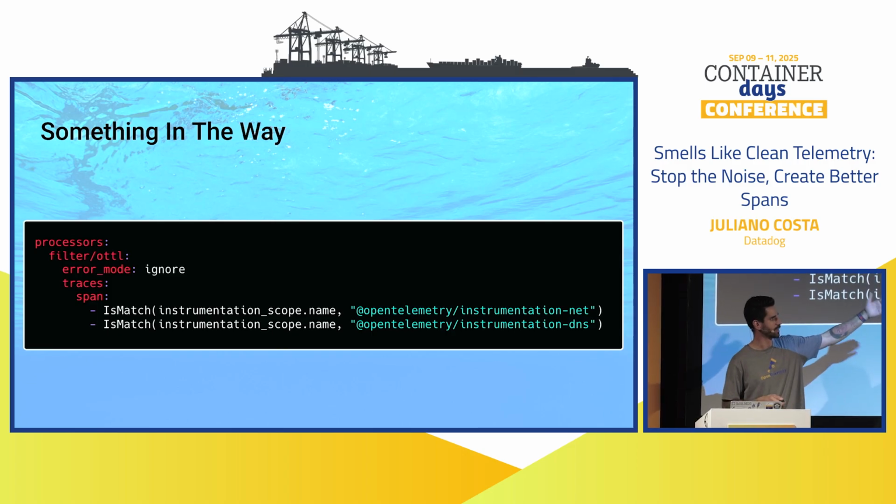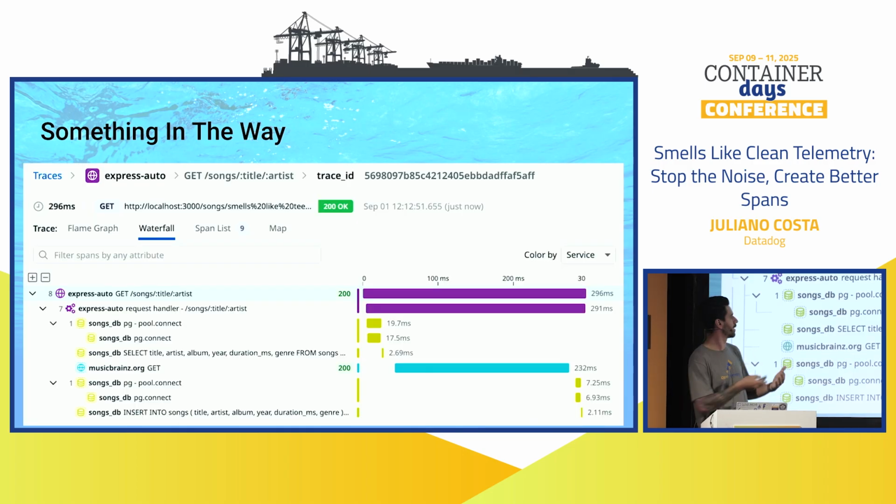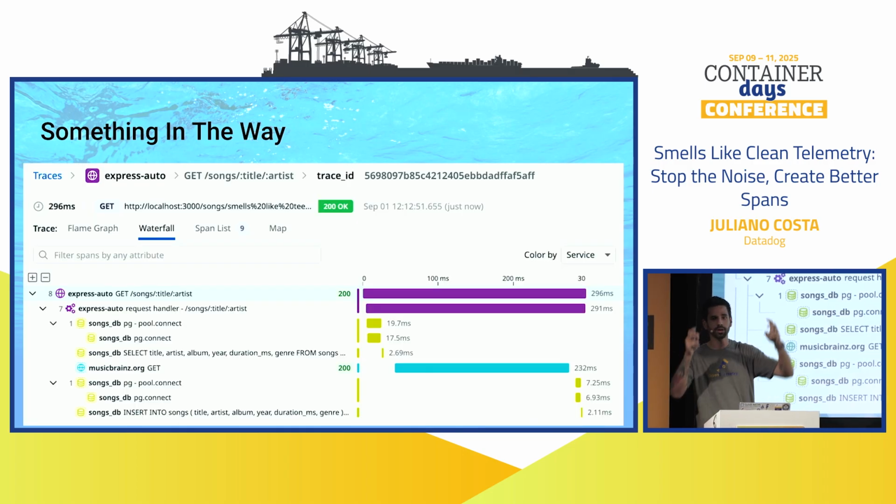So here, again, net and DNS. So what we get now is a way smaller trace, just containing the spans that we can act on, the spans that we have control over.